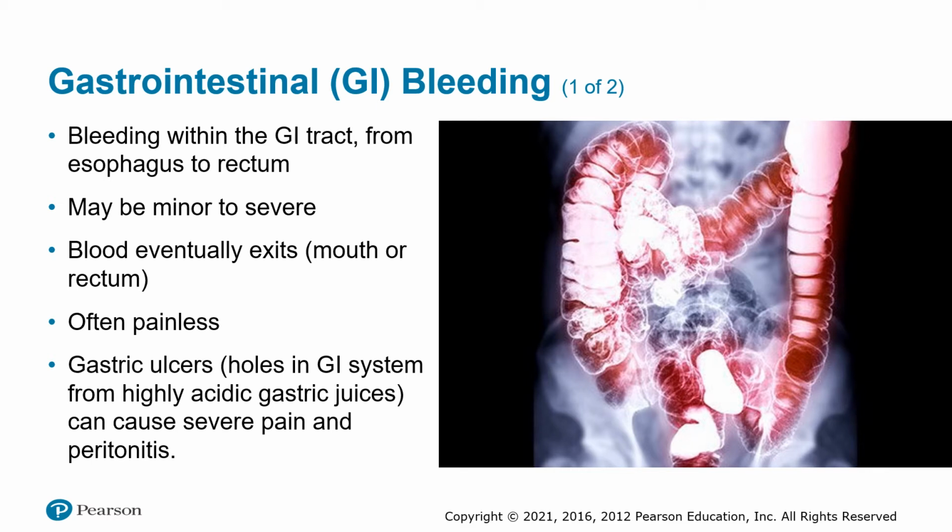When a patient has pain and GI bleeding, it's typically some type of hole in the GI system from a gastric ulcer, and it will cause severe pain and peritonitis as well. GI bleeds have a specific smell. When you smell it, you will never forget that that patient has a GI bleed.